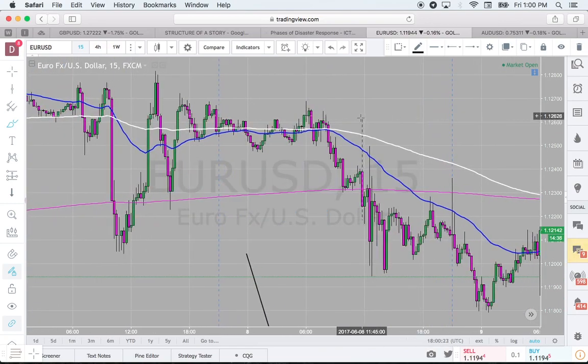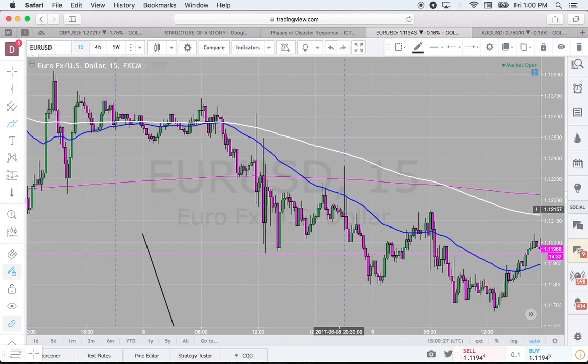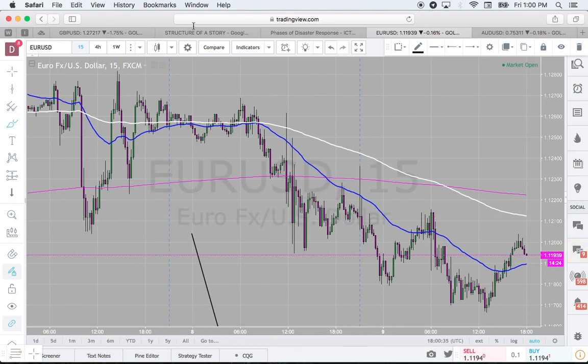So you can see here, these are great examples of stop hunts, these big wicks where price comes up and then closes once more, leaving that big wick and all those people trapped.